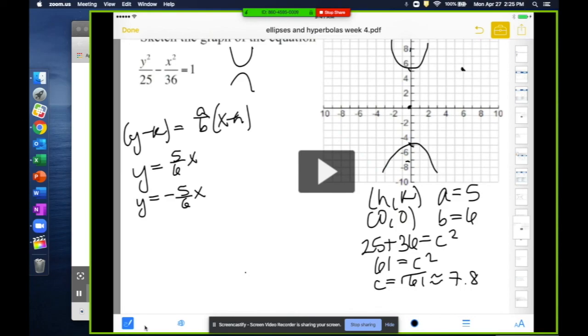And this is going to make my asymptotal box, if you will, that I was talking about earlier. Or I'd find that with my A and my B. So my A goes up and down 5, my B goes left and right 6. That's going to create my box going all the way around 5 and then 6. Now through the corners of that box is where my asymptotes are going to go through.